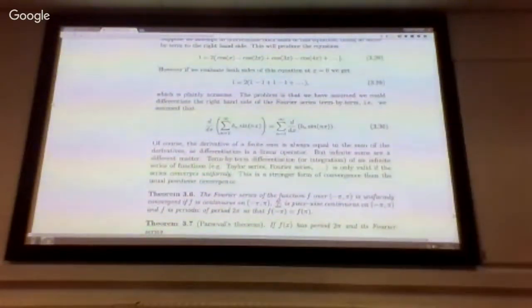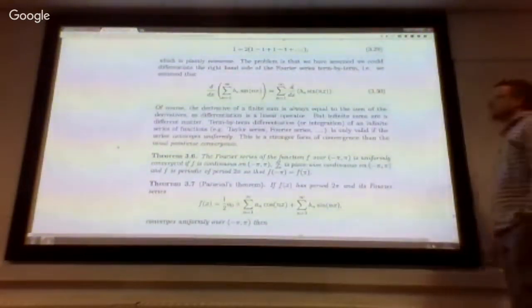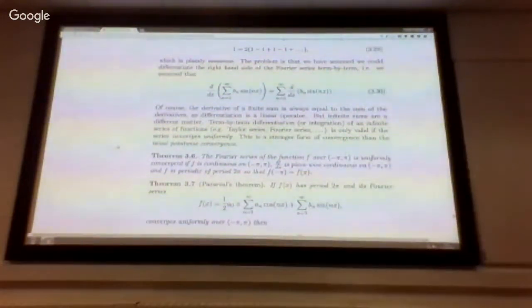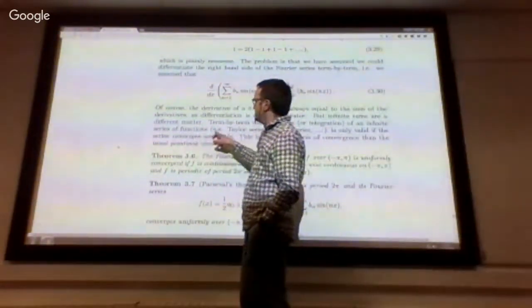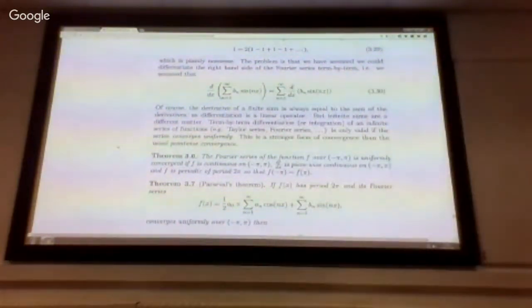There is more than one way that a sequence of functions, here thinking about the sequence of partial sums, can converge to its limit function. The terms I'd like to tell you about are uniform convergence and pointwise convergence. So on the pen and paper now, I'd like to explain the difference between them, and then you'll be able to understand the statements of theorems 3.6 and 3.7.